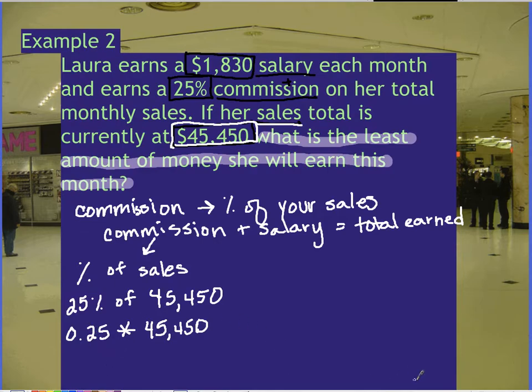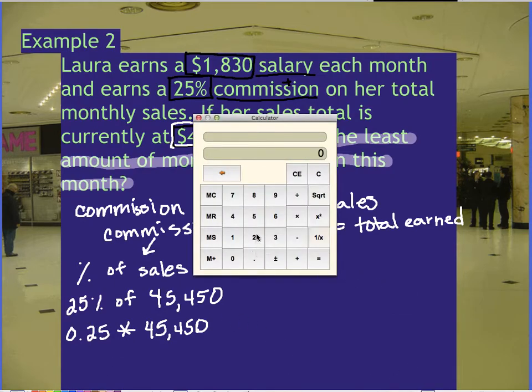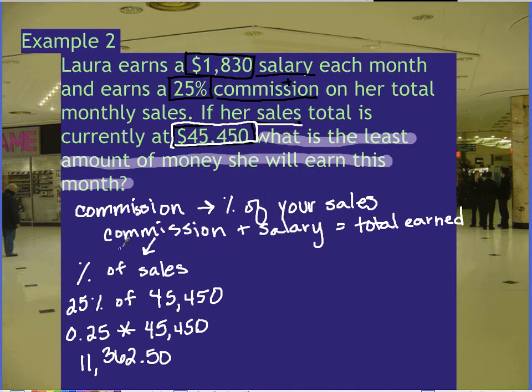So when I do this, I can use a calculator for now and do 25 hundredths times 45,450, and I get $11,362.50. Okay, so this is my commission.